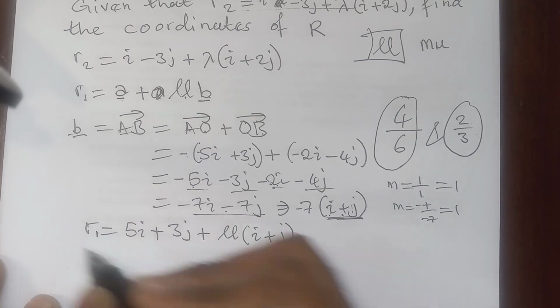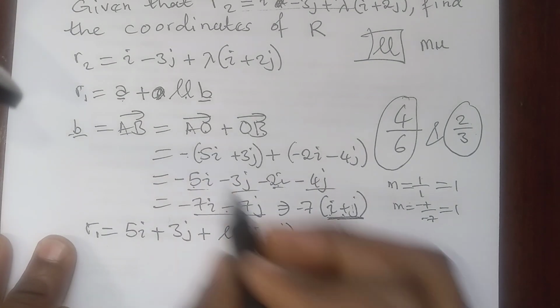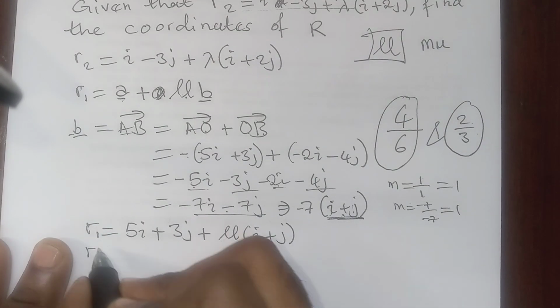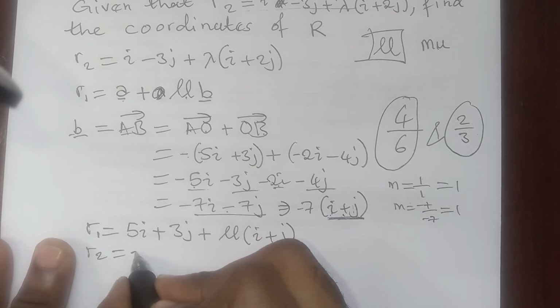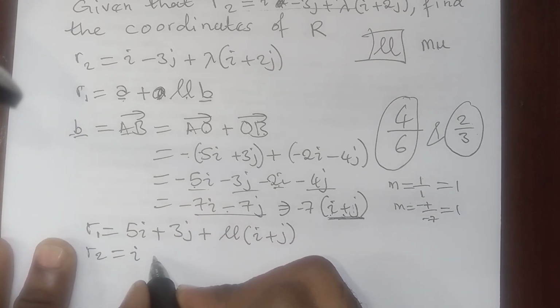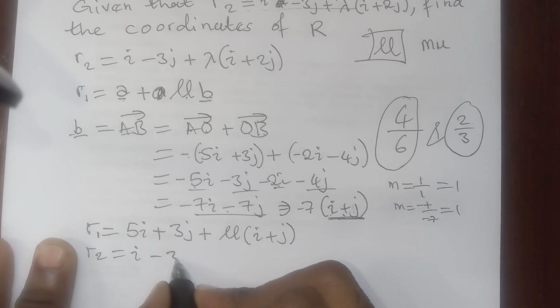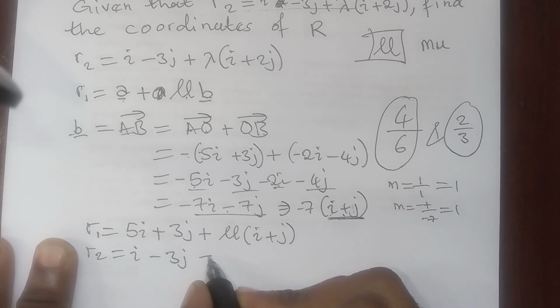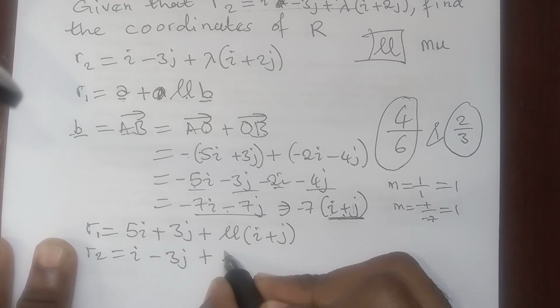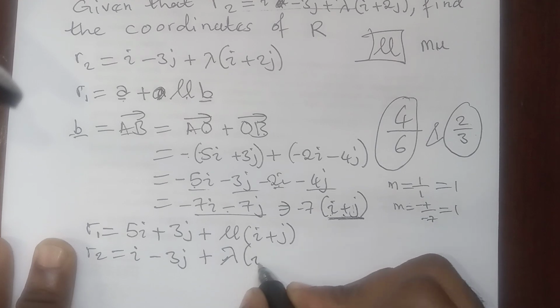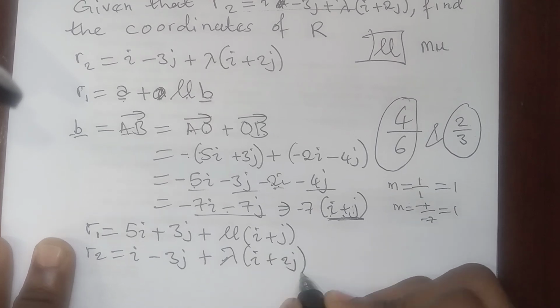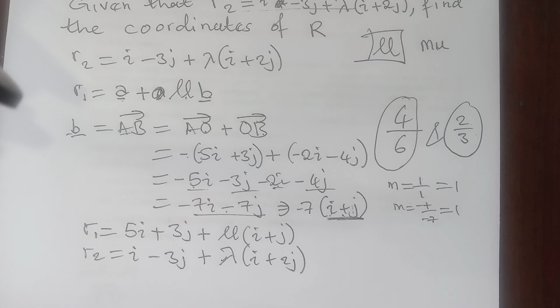So now we have two equations. We have this equation and the equation we have been given. So we want to solve them simultaneously now to find the coordinates of R, which is the point of intersection of the two vectors.